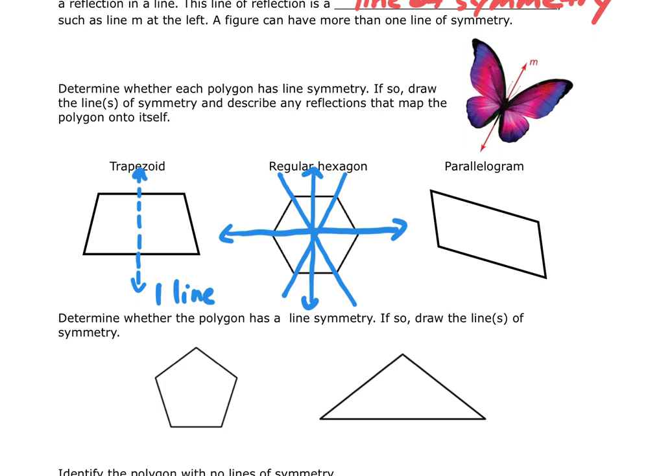I could go through the middles of each side, like that, or like that. Each one of those is a line of symmetry. So how many lines of symmetry do we have here? 6, yeah. So here we have 6 lines of symmetry.